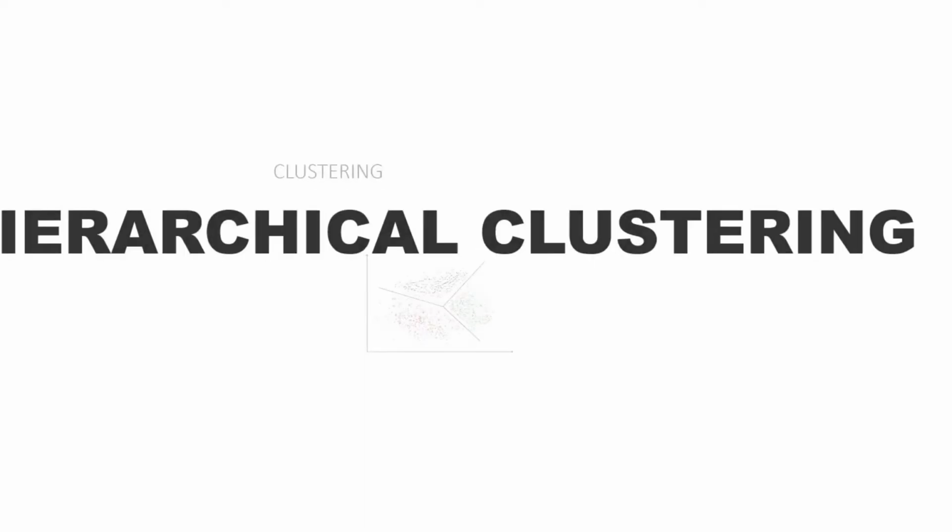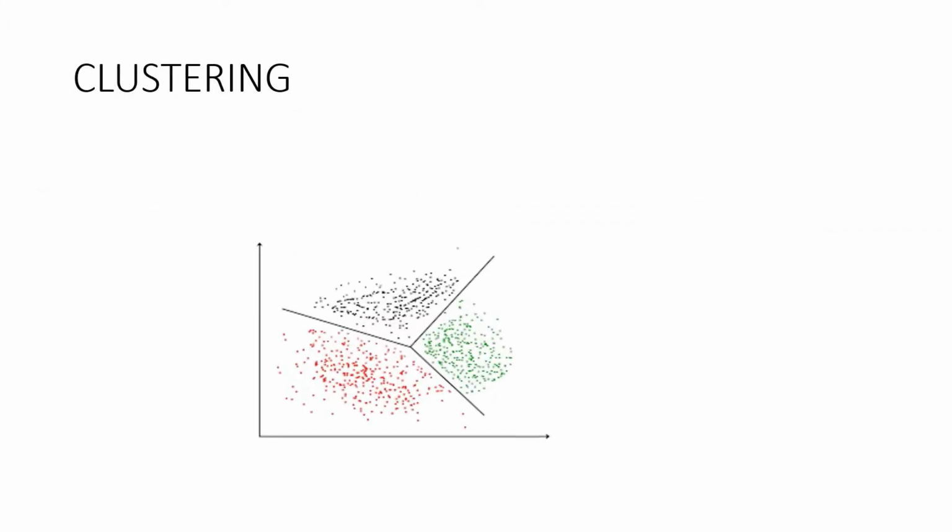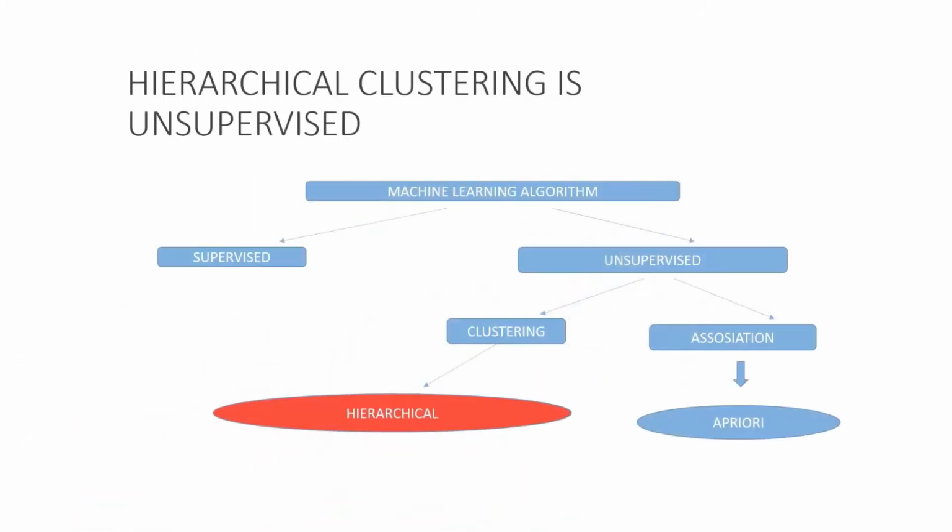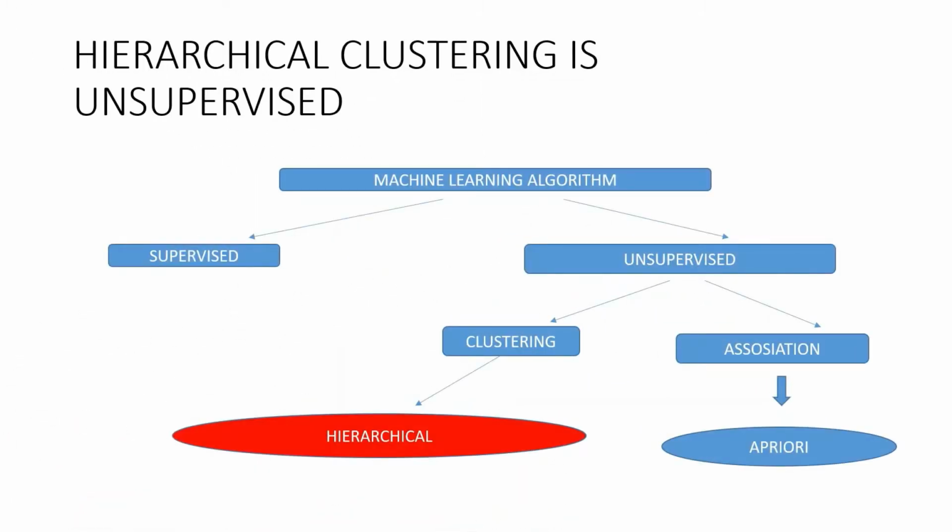Partitional clustering methods are used to classify observations within a data set into multiple groups based on their similarity. K-means clustering is an example.